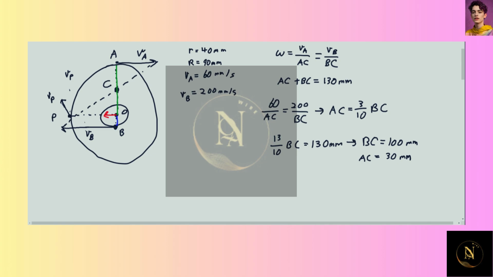So the next step then is to calculate the velocity of the center of the wheels, VO, which would just be omega times the distance OC. Well, this distance OC is fairly easy to calculate. It'll just be the distance BC minus the distance BO.